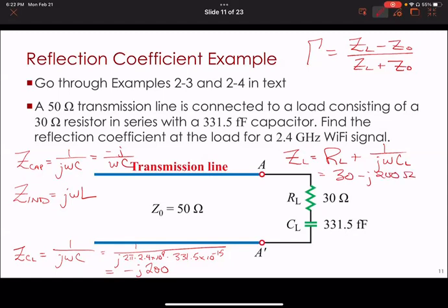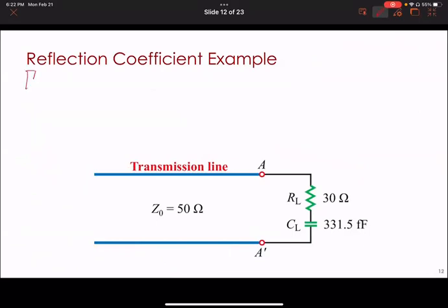Now we're ready to use our gamma formula. We just got to plug it in for our ZL. So let's do it. Gamma is ZL minus Z naught over ZL plus Z naught equals 30 minus J 200 minus 50 over the same thing, but plus 50.